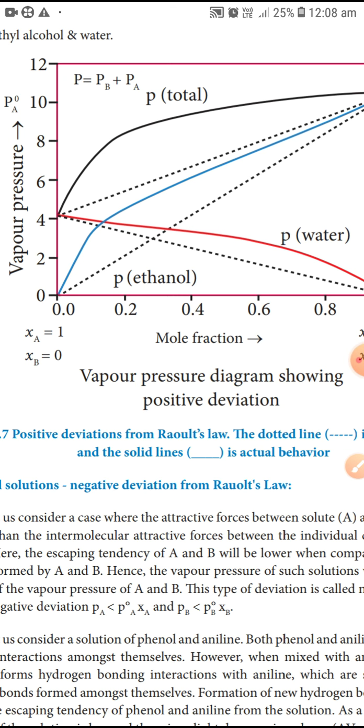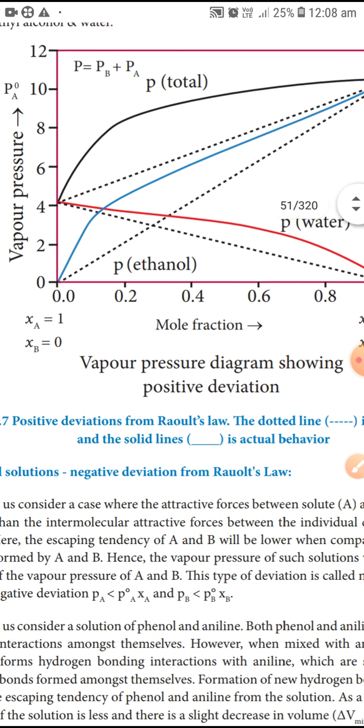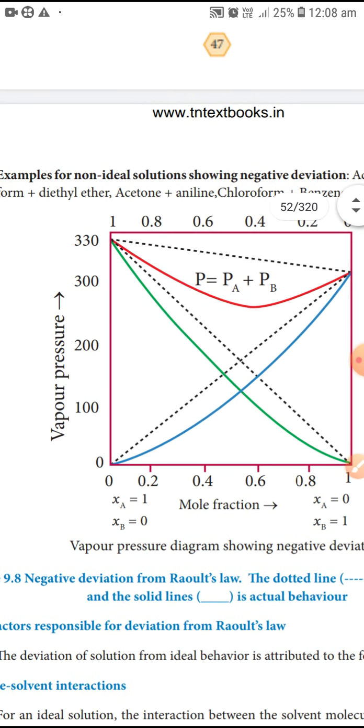Examples of non-ideal solutions showing negative deviation: acetone and chloroform, chloroform and diethyl ether, acetone and aniline, chloroform and benzene.